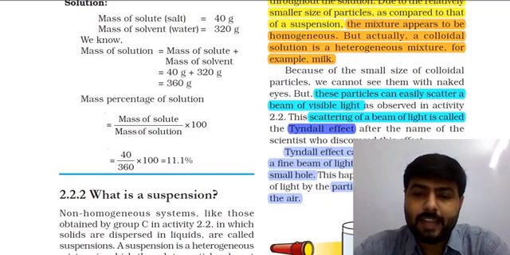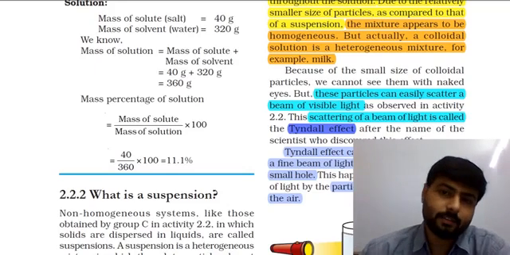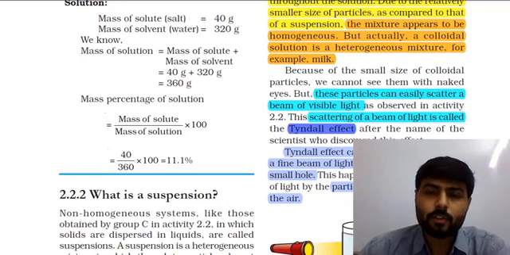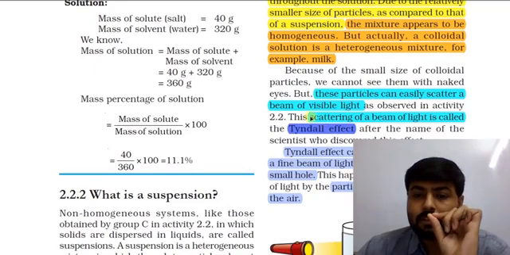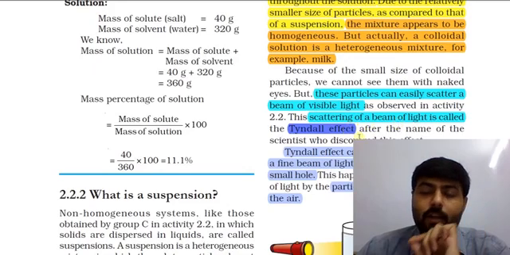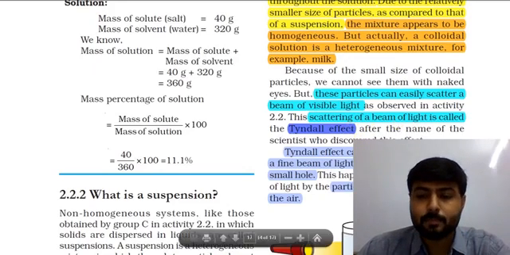So this scattering of beam of light is called Tyndall effect. Important question and definition. What is Tyndall effect? The particles in the mixture which can scatter the beam of light, this effect is called Tyndall effect.